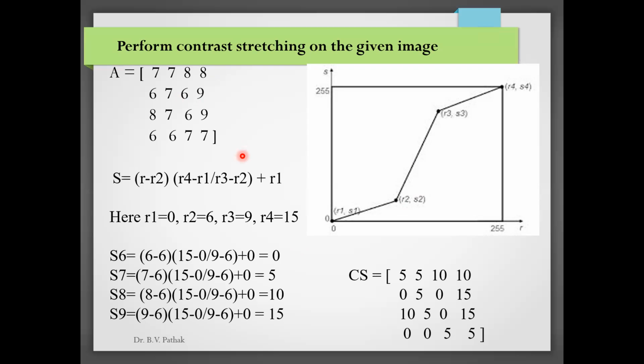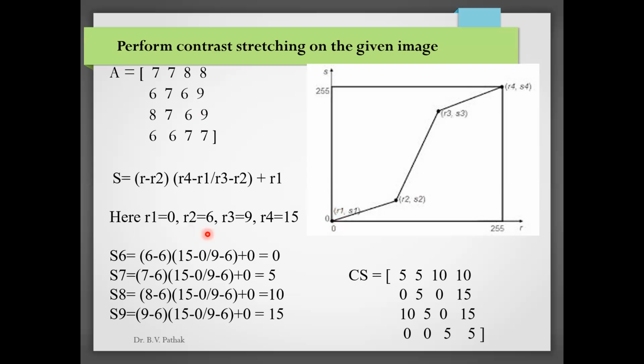That means the pixel values for this particular image will range from 0 to 15. So our R1, the very first point, is going to be 0, and our R4, the last ending point, is going to be 15. That is the R1 and R4 values.